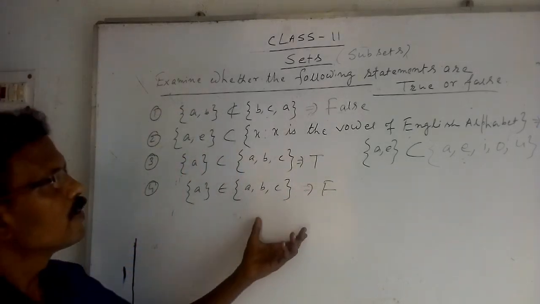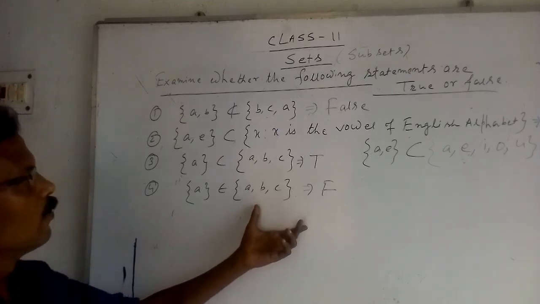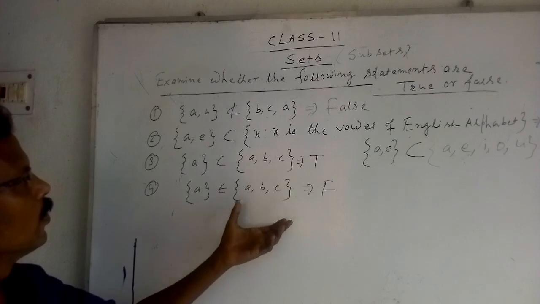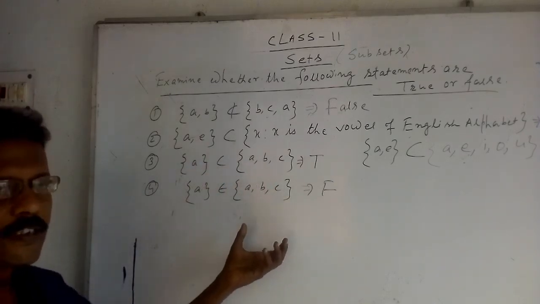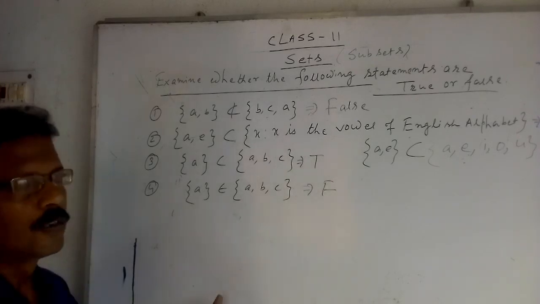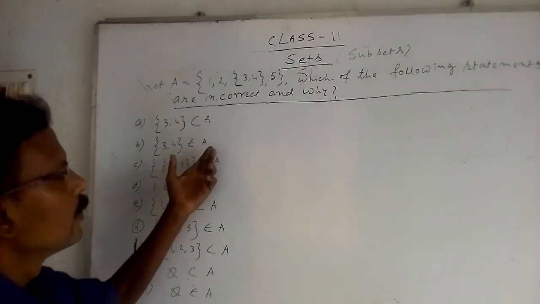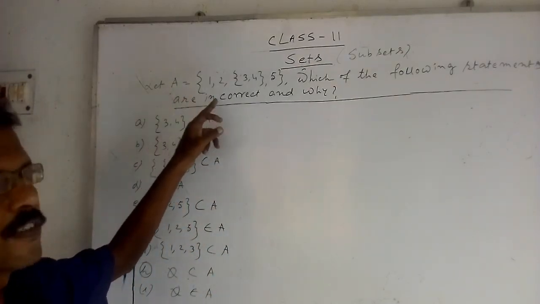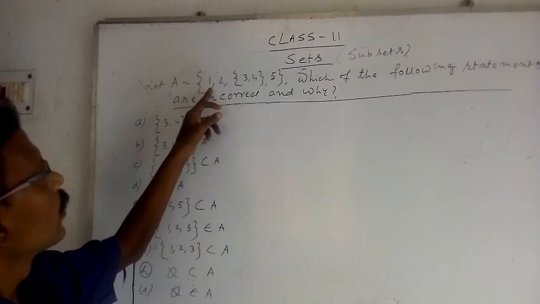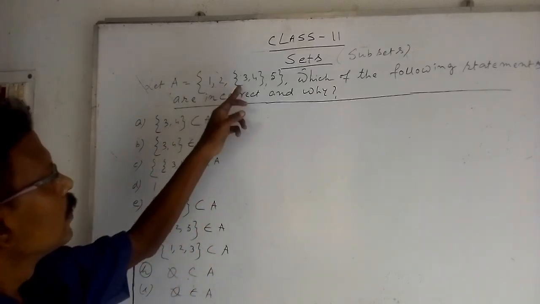Okay, so after this discussion, we have become very much aware of whether a set is a subset of a second set or not. Here A is a set containing some elements: 1, 2.